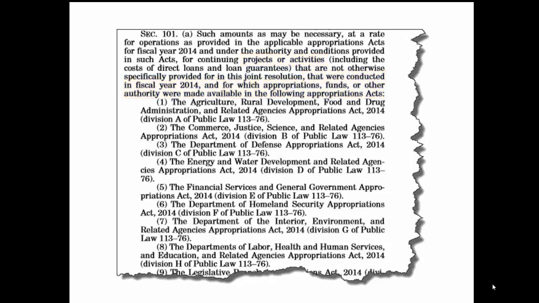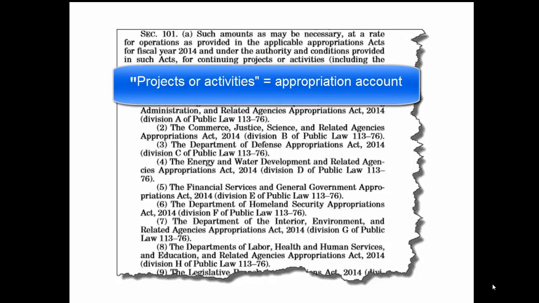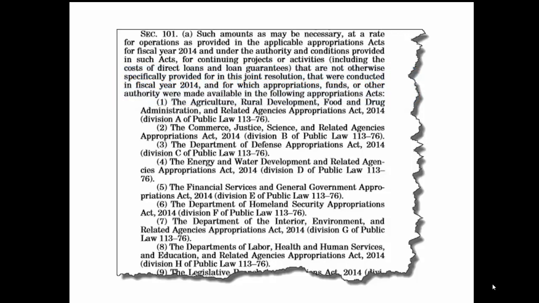It's important to note that in this Section 101 context, the term projects or activities refers to appropriation accounts, not individual programs. In 2014, HHS appropriations were made in the Agriculture or Ag Bill, the Interior Bill, and the Labor-HHS Bill.